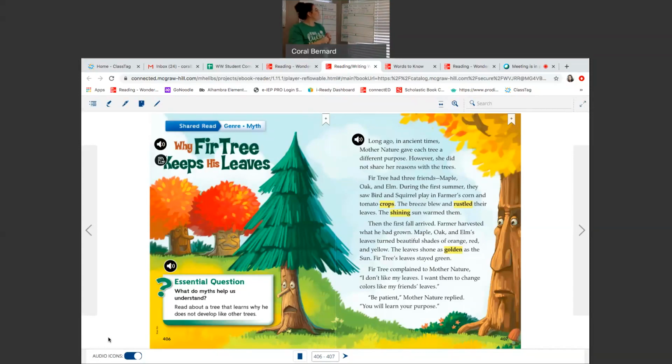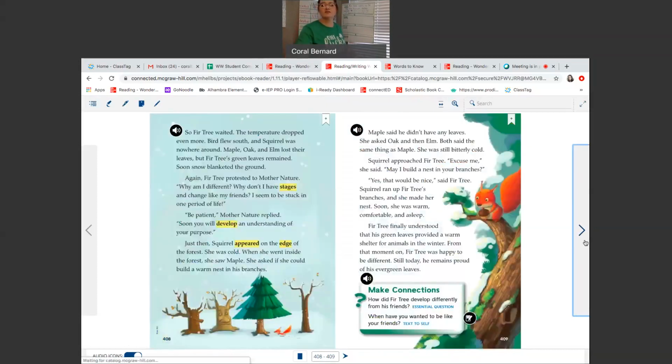Okay, Fir Tree wants to be like his friends. Mother Nature tells him that he will learn his purpose. There's our first clue to the theme or the heart or the message of our story.